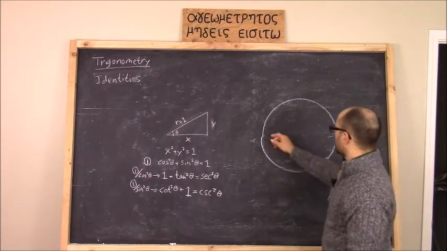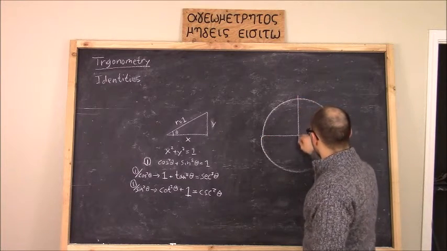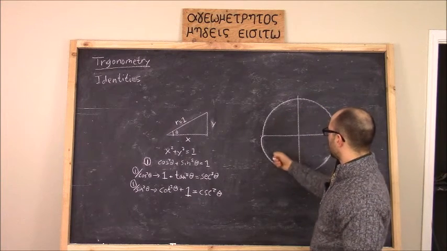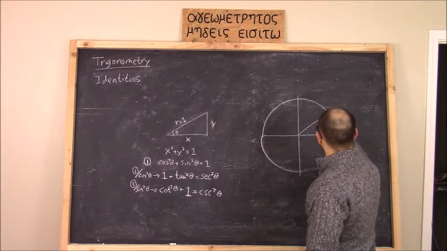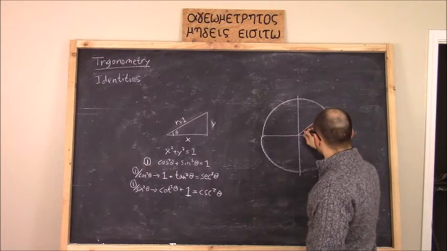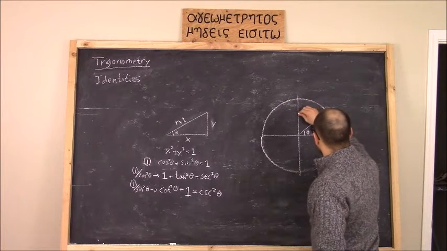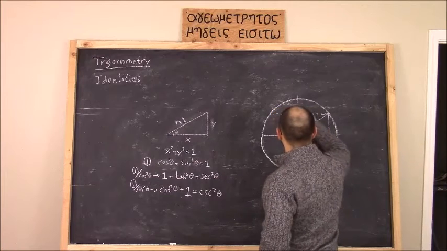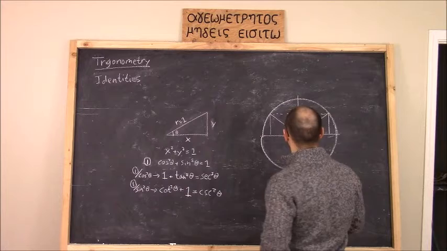Let's redraw our unit circle. Here's my unit circle. Now if I divide it into the 4 quadrants, quadrant 1, quadrant 2, quadrant 3, quadrant 4. If I have my right triangle of angle theta, what if I were to draw a line straight across here and I have another triangle?